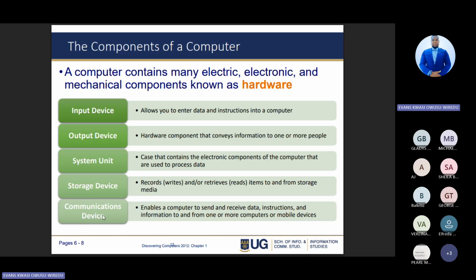Communication devices are those that help us with the output that we have gotten as a result of the input and processing. Now, what do we do with it? We want to share it with other users of other computers, of other networks or within our network. I'm going to explain that shortly when we go into networks.